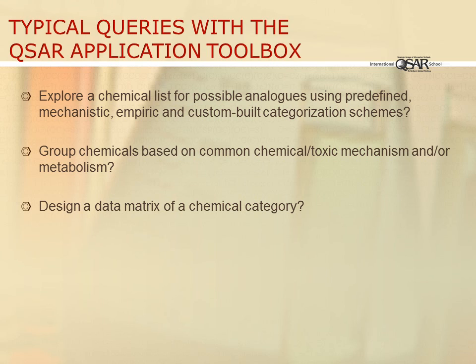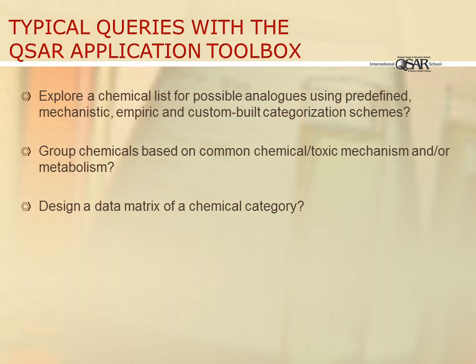Some of the other queries were, can we take an entire list of chemicals and find out if any of those chemicals are analogs of the chemical that we're interested in? In other words, there may not be data for the chemical we're interested in, but in the libraries of tested chemicals there may be suitable analogs.